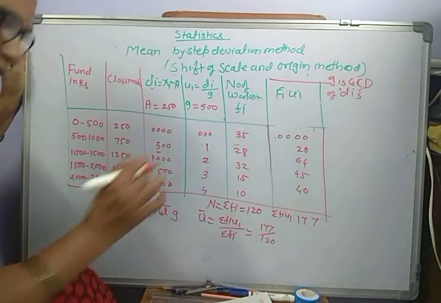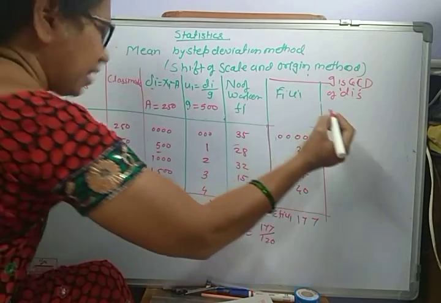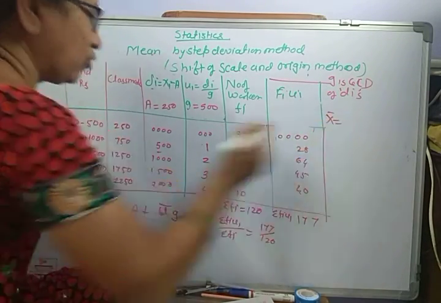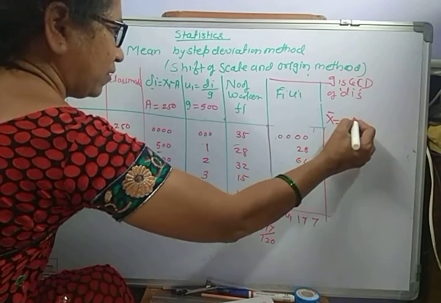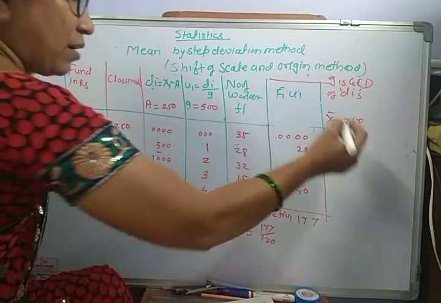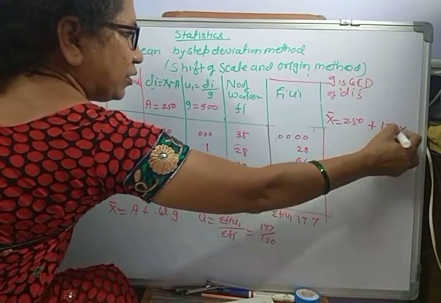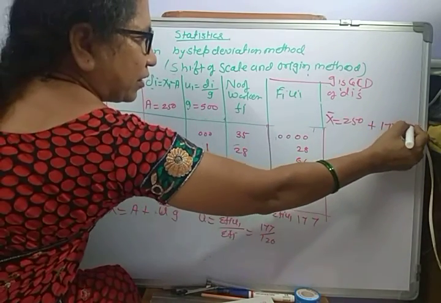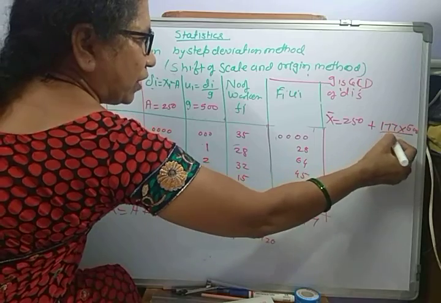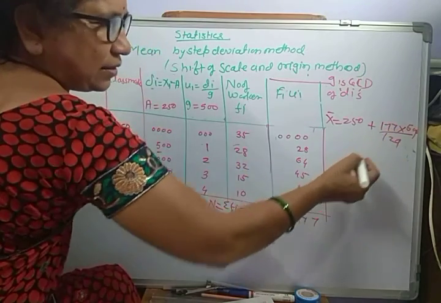Here we write x bar is equal to, what is A? It is 250, plus 177 into, what is G? 500, upon 120. This 0, 0 gets cancelled.